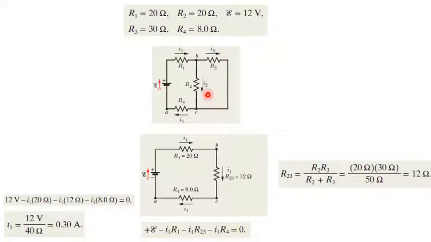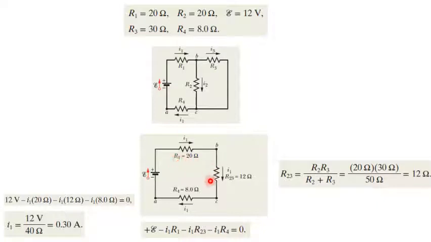Now we have a single loop circuit. We will apply Kirchhoff voltage law, and assuming that the current loop is moving clockwise, so the electric field would be in the same direction of the loop. So electromagnetic force E would be positive, and the voltage drop at resistance 1 would be negative.